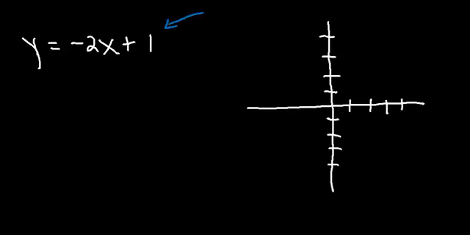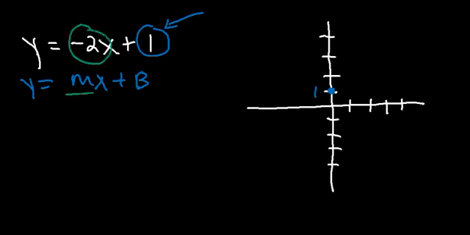Okay, this equation is in slope-intercept form, mx plus b. b is 1, that's your y-intercept. So that's where your graph is going to start at 1. m is the slope. The slope is -2, which is the same as -2 over 1. This is your rise, and this is the run, the rise over run. So every time you move 1 unit to the right, you need to go down 2 units.